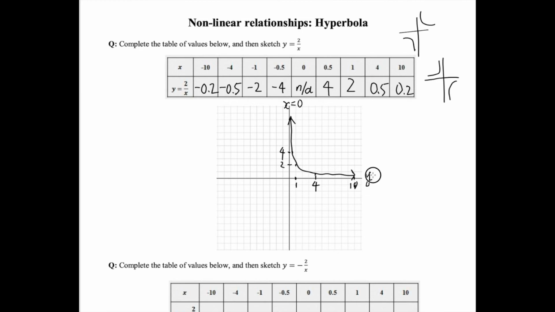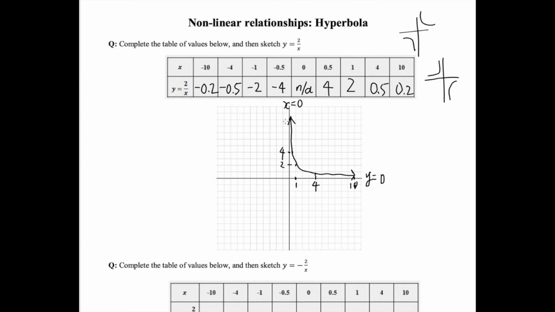The reason these are asymptotes is because we know that x cannot be 0, because you cannot divide by 0. And we also know that y cannot be 0, because 2 divided by any number will not give you 0. So because y cannot be 0 and x cannot be 0, these are the equations of the asymptotes. Y is equal to 0, x is equal to 0.